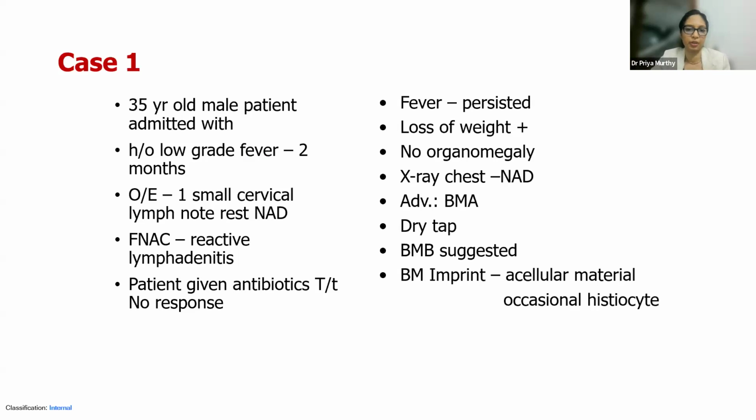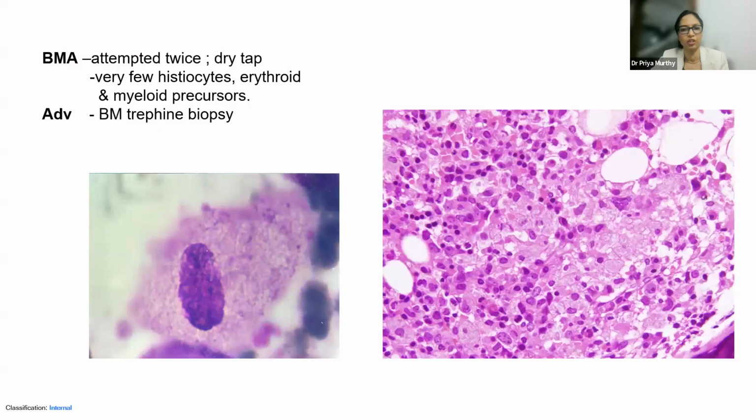Aspirate was a dry tap, and bone marrow biopsy was then performed, and the imprint showed mostly acellular material with an occasional histiocyte. So this is what the bone marrow imprint study showed, occasional histiocyte, but what the bone marrow biopsy showed were sheets of histiocytes replacing the hemopoietic elements of the marrow.